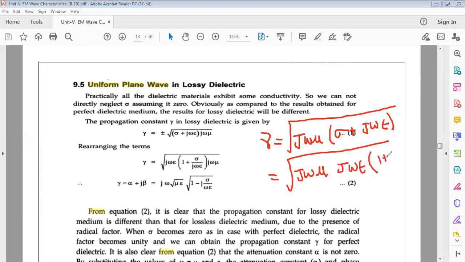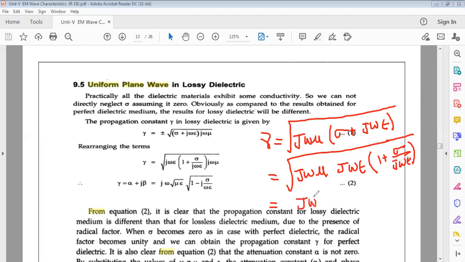Then it becomes 1 plus sigma by j omega epsilon. So when taking j omega epsilon common, we get the 1, and sigma by j omega epsilon for the other term. We can write j omega into j omega as j omega whole square.